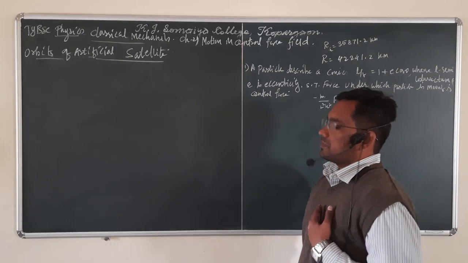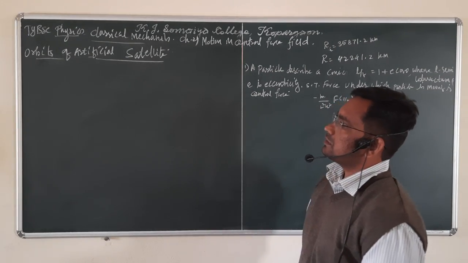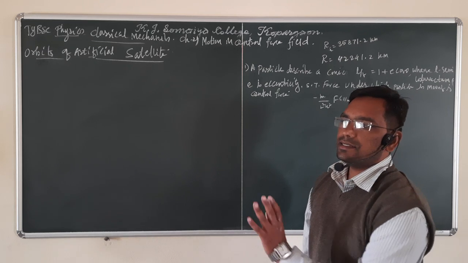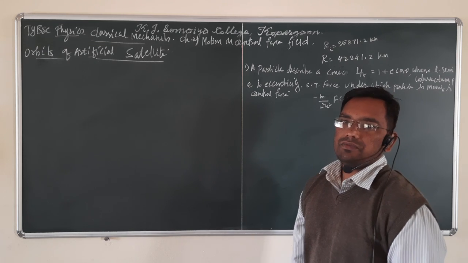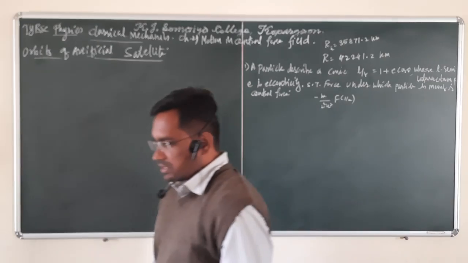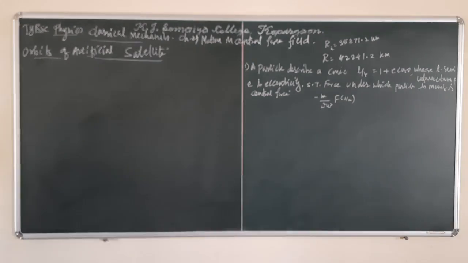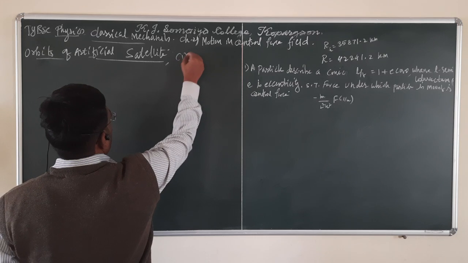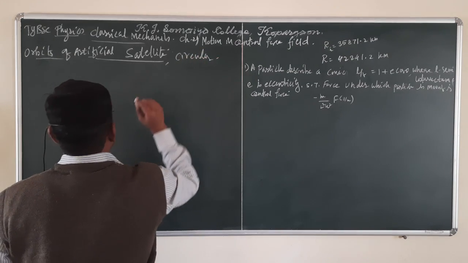Now first of all, for this case, the artificial satellite's energy is equal to V prime minimum. That is the first requirement. Another requirement is that the orbit must be circular. So for an artificial satellite, the orbit is approximately circular.